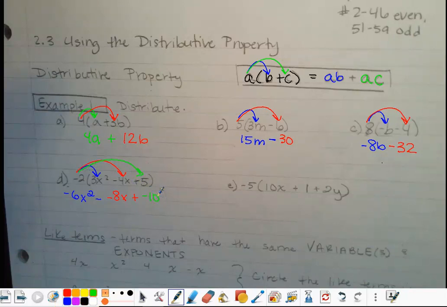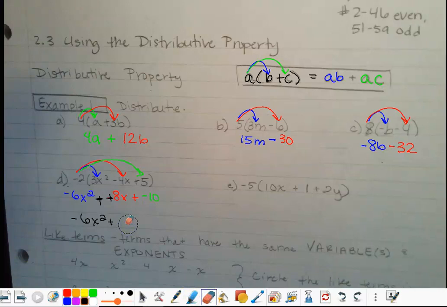So we have distributed there. Some of you will recognize that there's a minus a negative here, right? A minus a negative. We could change that to plus a positive to make it more simplified. And so then you would have negative 6x squared plus 8x plus negative 10, or you could even write that as minus 10.